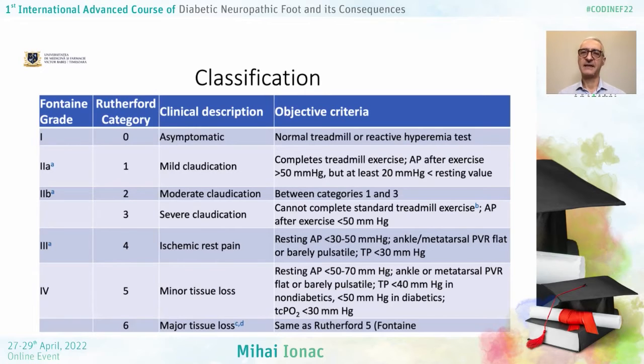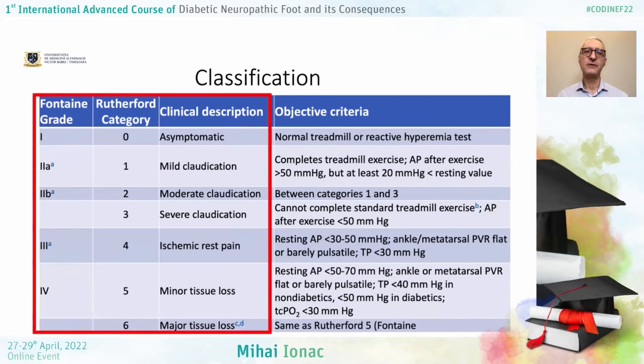Peripheral arterial disease is classified or recognizes two classifications, Fontaine and Rutherford. Rutherford brings something new compared to the Fontaine classification: it brings objective criteria that are connected to the clinical description of the disease.